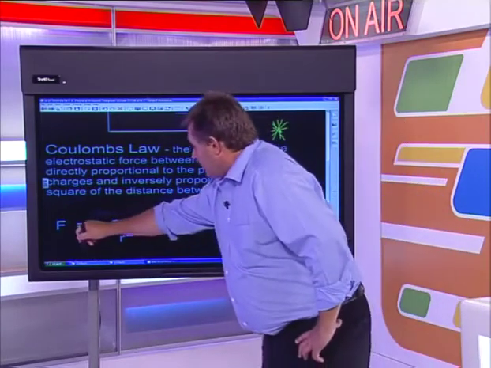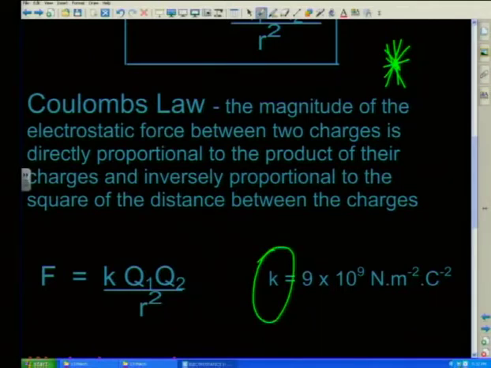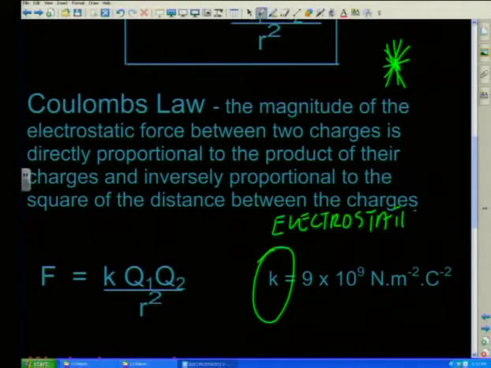We now replace the proportionality sign with an equal sign, but we have to introduce our constant of proportionality. And this is known as the electrostatic constant. I'll just write that here. The electrostatic constant.